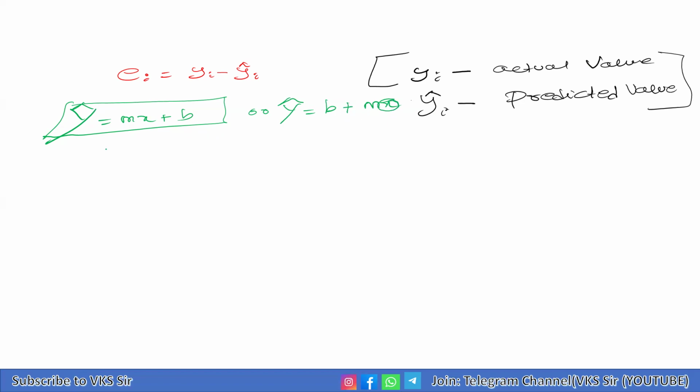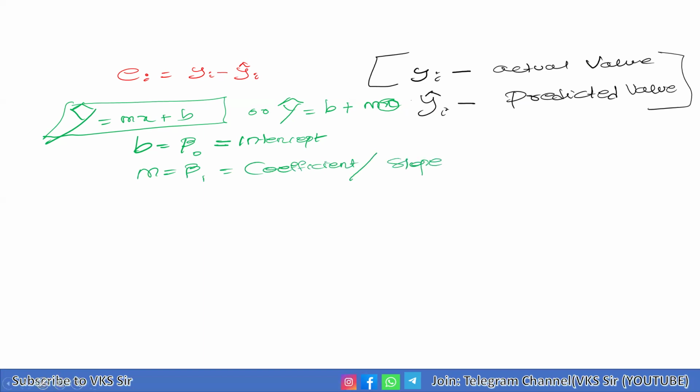Now I can denote b as beta naught, which is the intercept. In the same way, m will be denoted as beta 1, which is nothing but the coefficient or slope.